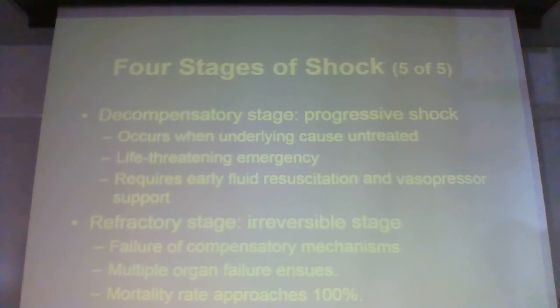And I want you to use level of consciousness. Because if they're at 110 over something and their LOC is altered, what does that tell you? They have diminished oxygen delivery to their brain, right? So it doesn't matter what their blood pressure is at that point. So when I say altered mental status, give me some examples. Like conditions.